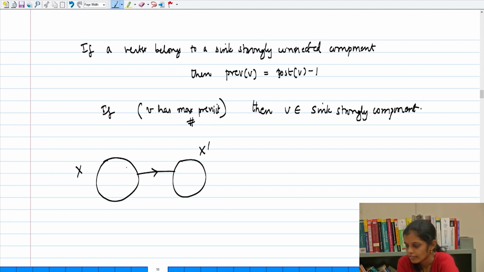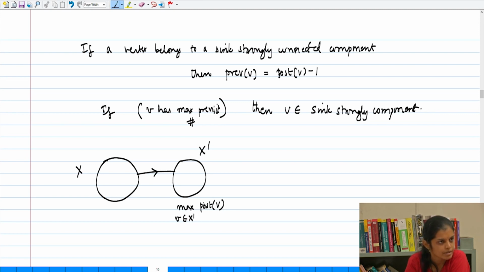And then what we can claim is that the highest post number, meaning the vertex that gets the highest post number in this strongly connected component, is larger than the highest post number in x prime. So I will say max of post of V, where V belongs to x prime, right?